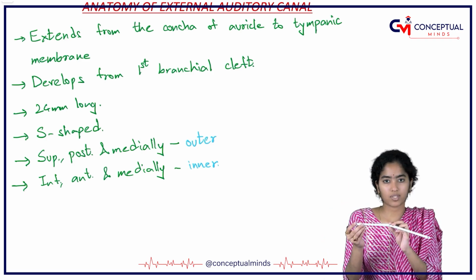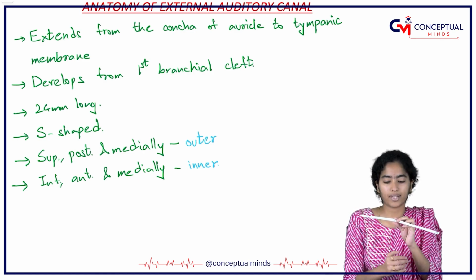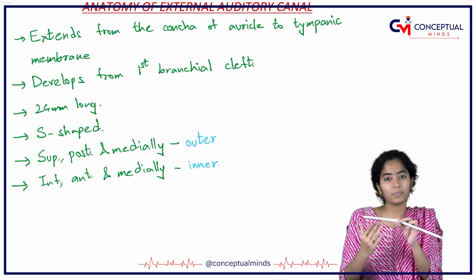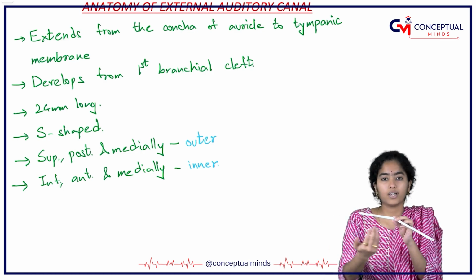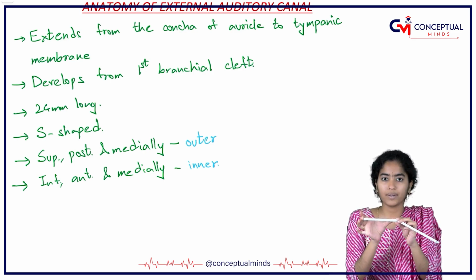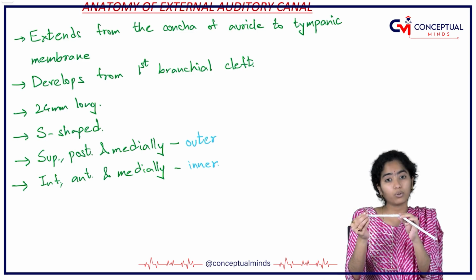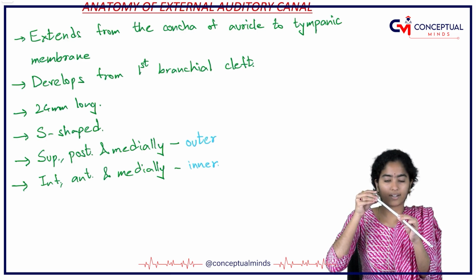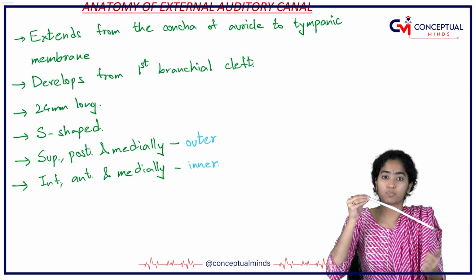So why this becomes important is that when we are trying to examine the tympanic membrane, this shape doesn't permit us to view it. So we try to make this tube straight so that from here we can see the tympanic membrane. For that, we cannot move this part. What we can do is move the auricle, and that will automatically move the tube. So how do we move the auricle? We pull it up, back and laterally, and now this has become a straight tube and viewing the tympanic membrane is possible.